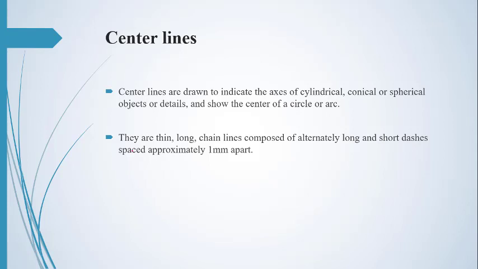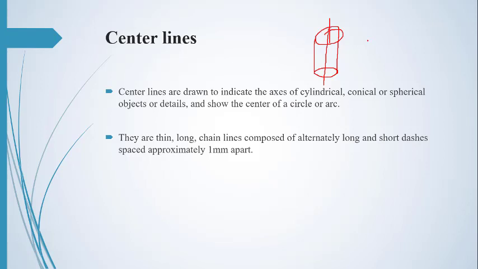Now let's see what center lines are. Center lines are drawn to indicate the axis of cylindrical, conical or spherical objects or details and show the center of a circle or arc. For example, this is a spherical object, a cylindrical object, and for this cylindrical object you can see here that this line is known as a center line.